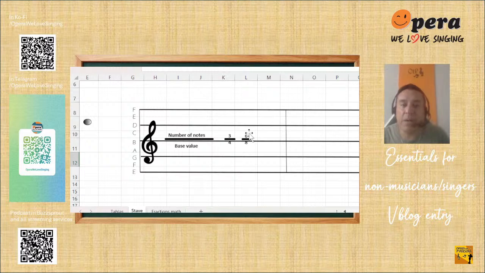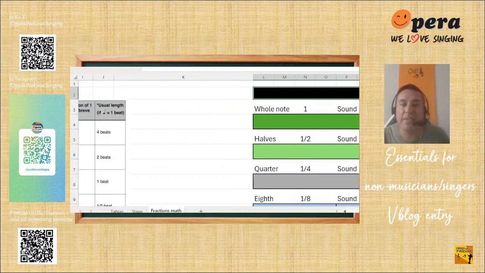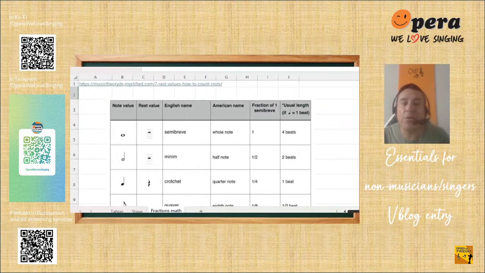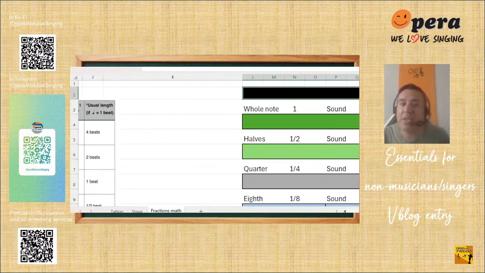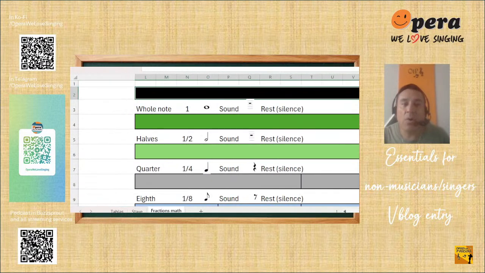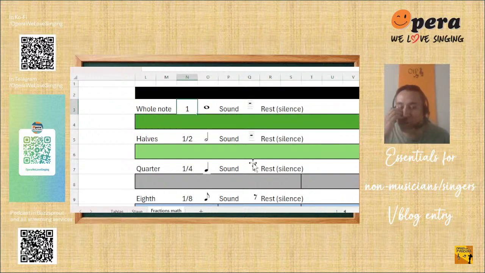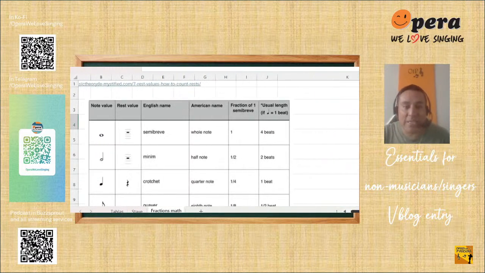Each of these bars contains a number of notes, but the note that fits perfectly to the value of 1 is a whole note. So most of the times I will not say whole note, but I will say 1. So how many notes of value 1 are there in 1 bar? There is just 1. So it's much easier to understand in mathematical terms. In 1 bar, how many notes of value 1 are there? There is only 1. That's pretty self-explanatory.